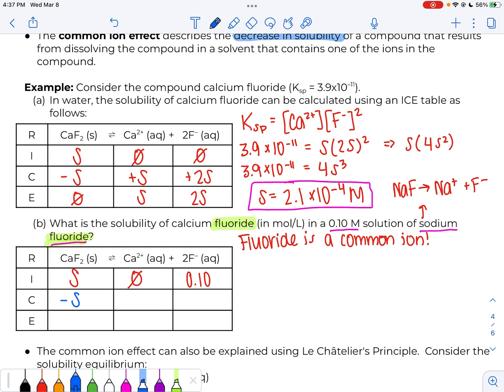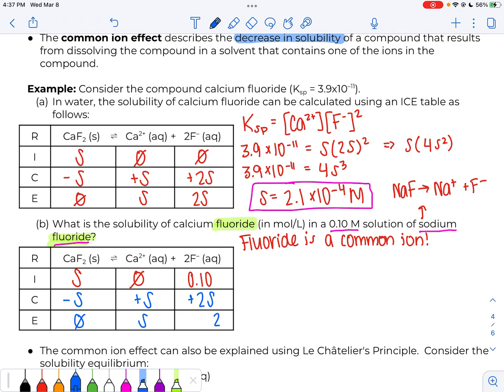We're going to lose S amount of calcium fluoride, resulting in nothing left at equilibrium. We're going to gain S amount of calcium, resulting in S amount at equilibrium. And we're going to gain 2S amount of fluoride ions. And at equilibrium, we still have that 2S amount, but we also have to take into account the fact that we had 0.10 to begin with.